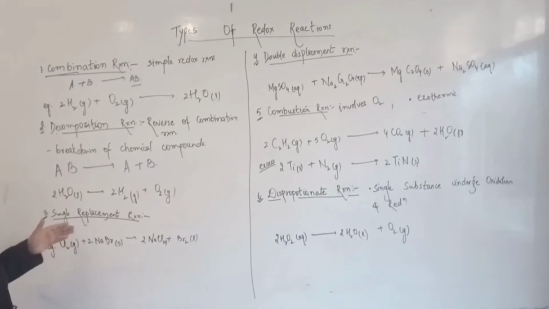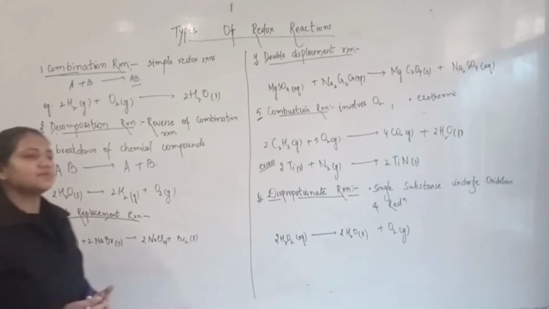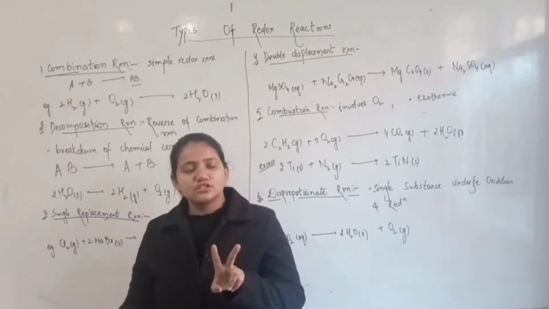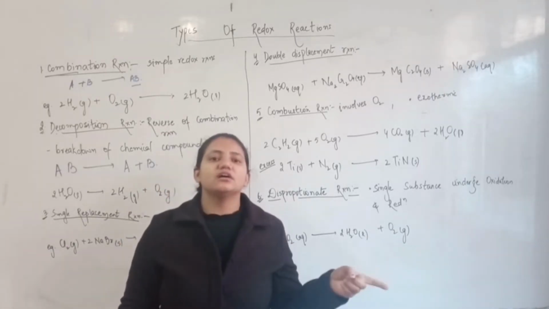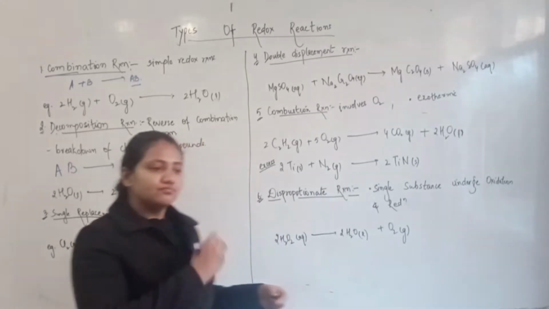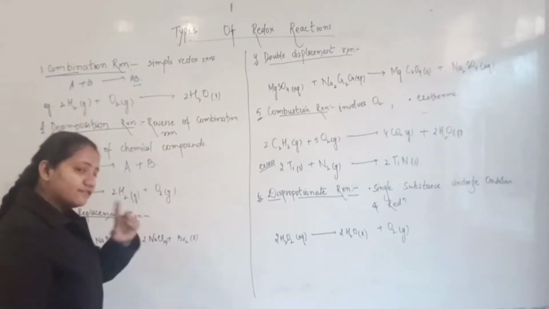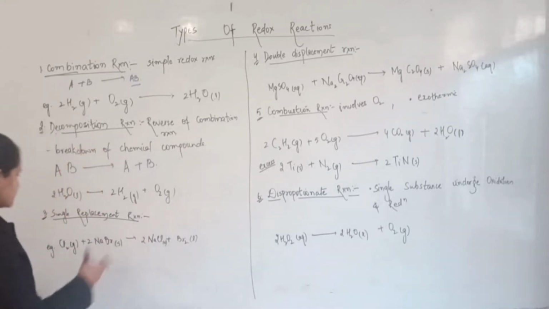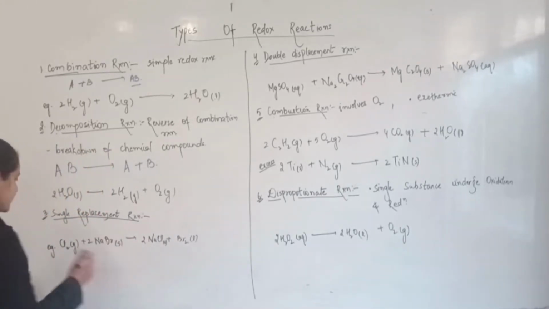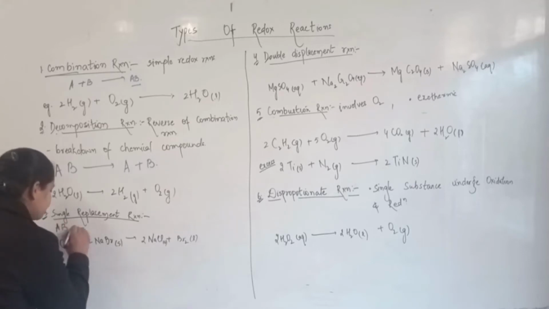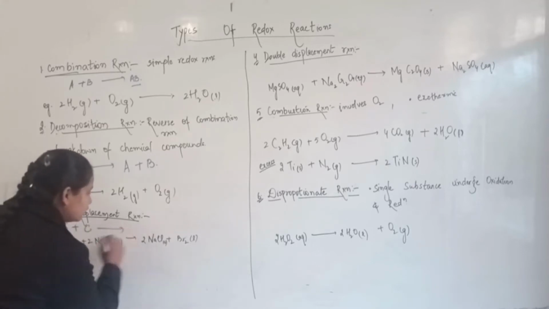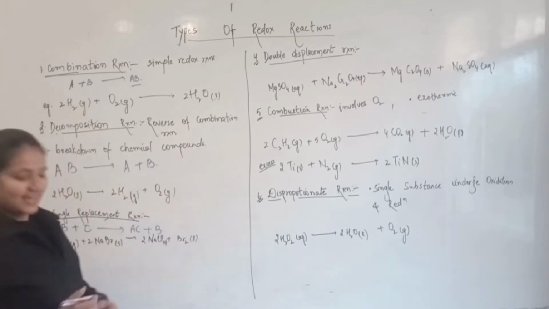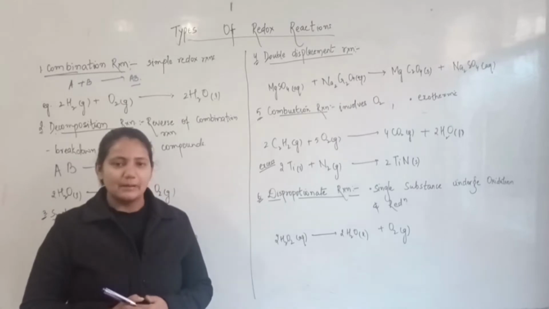Third is the single replacement reaction. A single replacement reaction is when one of the elements from the first reactant combines with the other reactant. It is the replacement of one of the elements with another in the reactants. In general, we can say that AB plus C is equal to AC plus B. Though it seems like a mathematical equation, it is not.